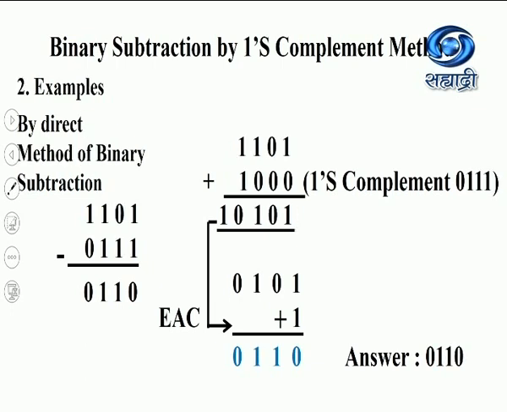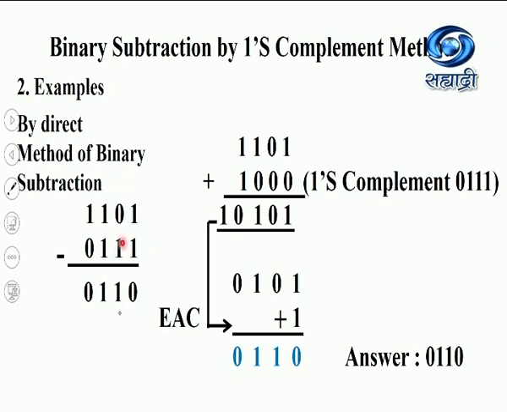Next example. Here we have the first number as binary number 1101. From that we are going to subtract the second number, 1110. So let us subtract. First we again start with the LSB. 1 minus 1, subtraction is 0. 0 minus 1.